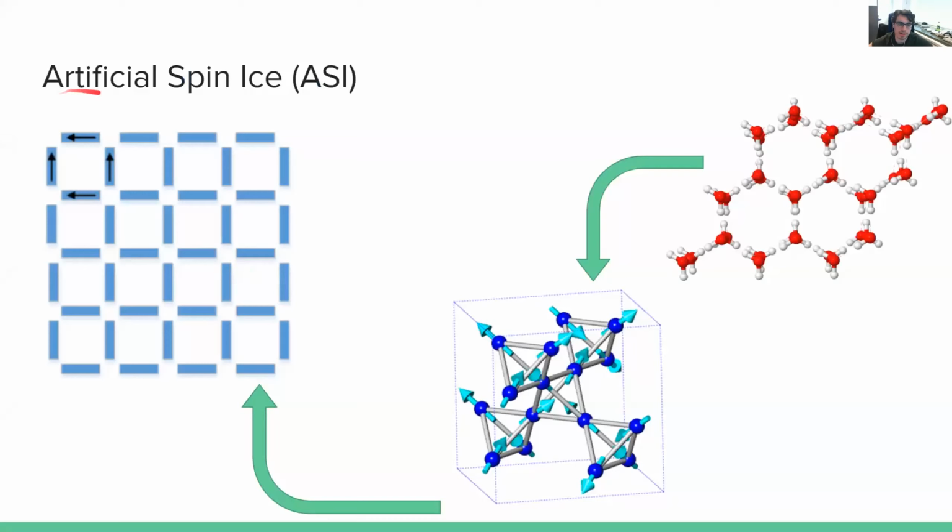The name artificial spin ice actually hides a lot of history in it. To kind of misuse computer science terminology, we can curry it and try to understand the individual parts. If we start on the very far right here, we have your bog standard water ice. I'm going to be very brief and vague about the physics here.